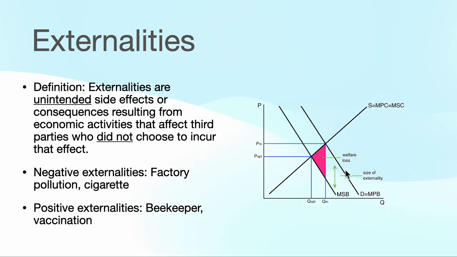So this is a negative externality to demand. What could be an example of this? Well, cigarettes. You're demanding cigarettes, but from society's perspective, a lower amount of cigarettes should be demanded and consumed.